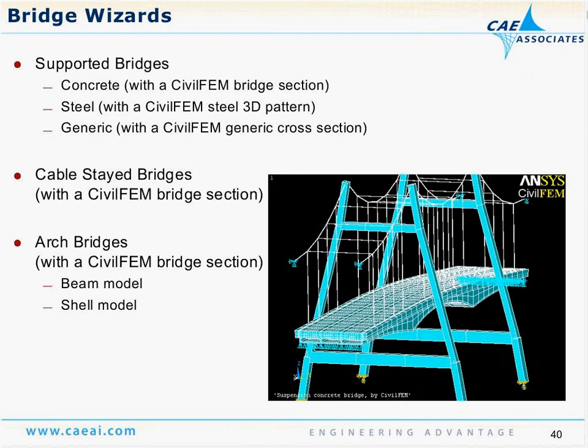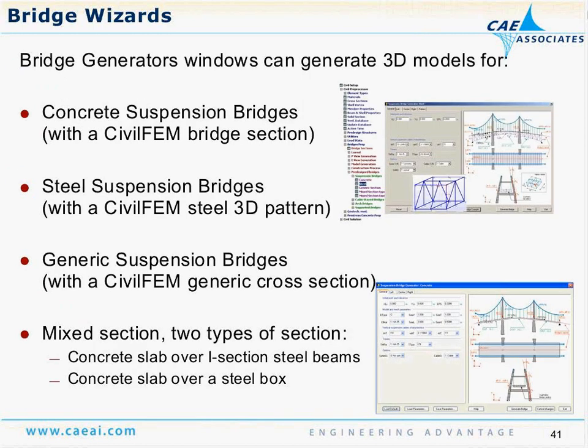Other capabilities for quickly defining different bridge types. There are a series of bridge wizards. The wizards include capabilities for cable-stayed bridges, arched bridges, suspension bridges, where the geometry is predefined with a small number of input parameters, maybe 5, 10, 15 input parameters will define a complete bridge.